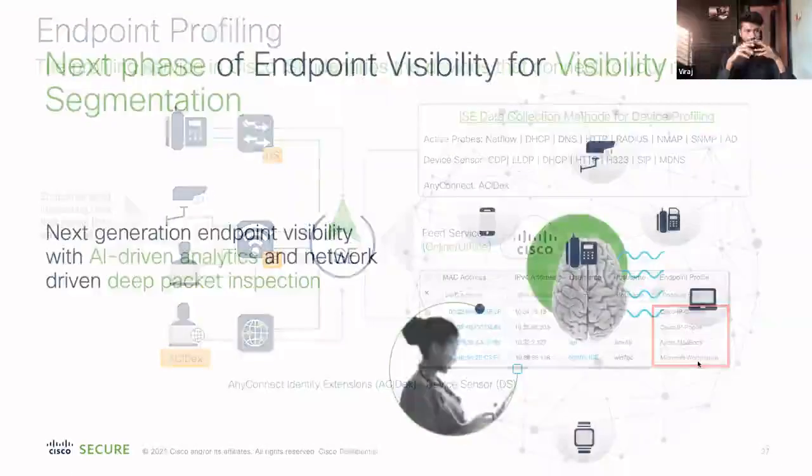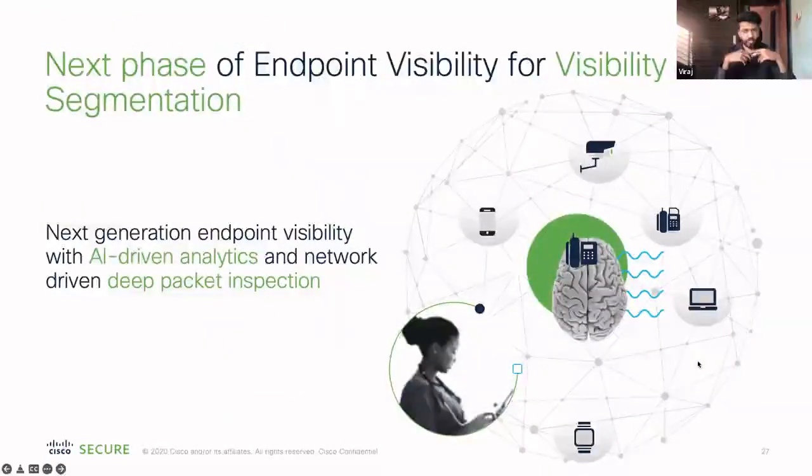And then if you take a look at profiling, and if you bring ML and AI into perspective here, then you could do a lot of things, right? So there is this deep level inspection that you could do with the kind of traffic that's going on between a server and the client.